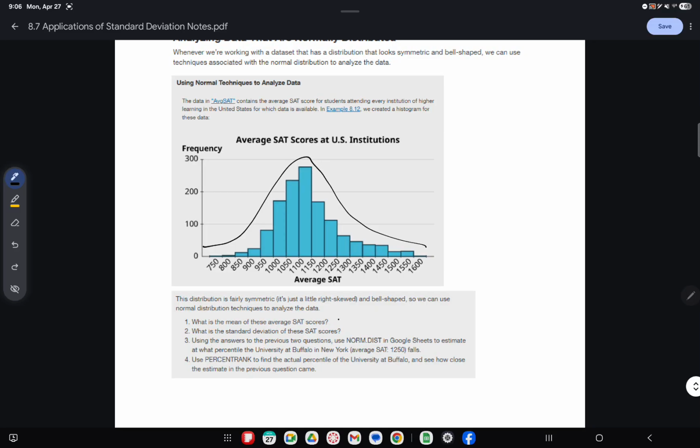Okay, so to be able to answer all of these questions, we're going to be using technology, and I need all the answers, right? This is just a frequency of these, so I don't know the exact numbers for all of these. So I need to get this actual data here.